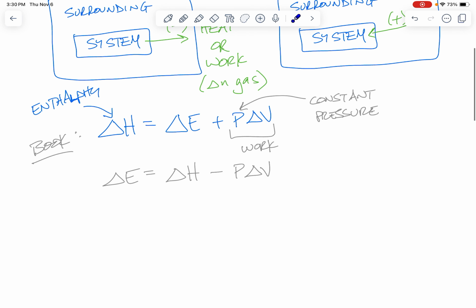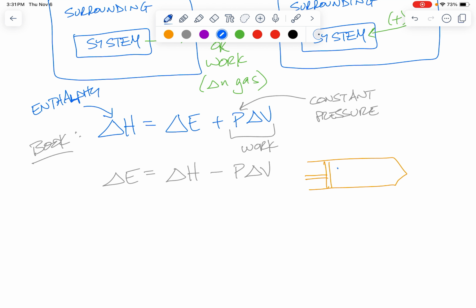Now, one of the things that threw me off initially looking at these things is, we're changing our sign here. How does all of this work? No pun intended. So if we consider a syringe of gas, so I've got my syringe, I've got my plunger here, and then I've got all sorts of gas particles in here.